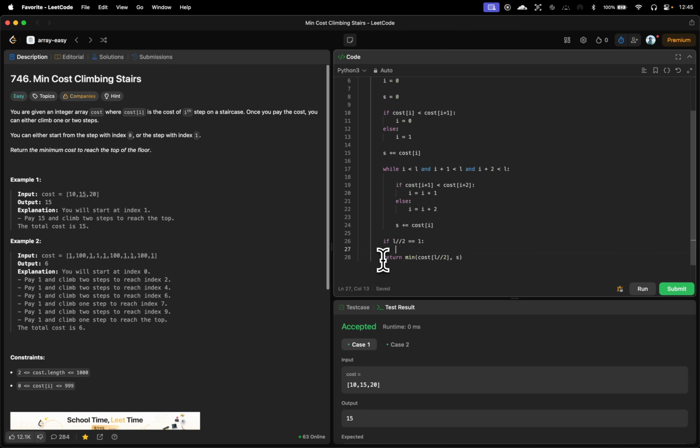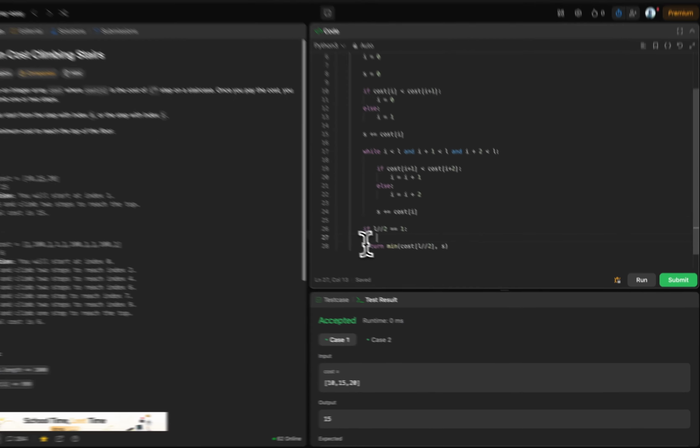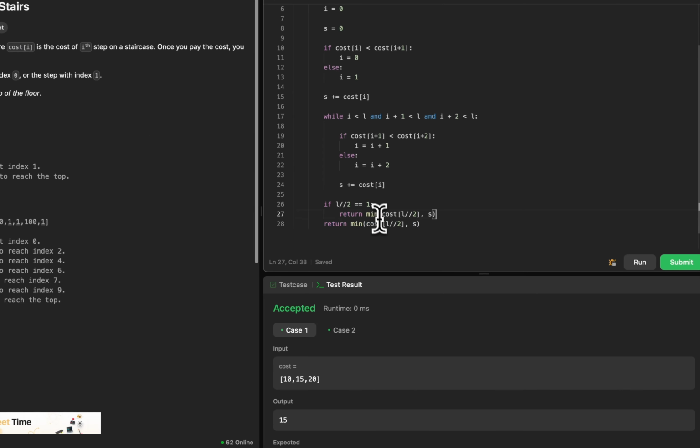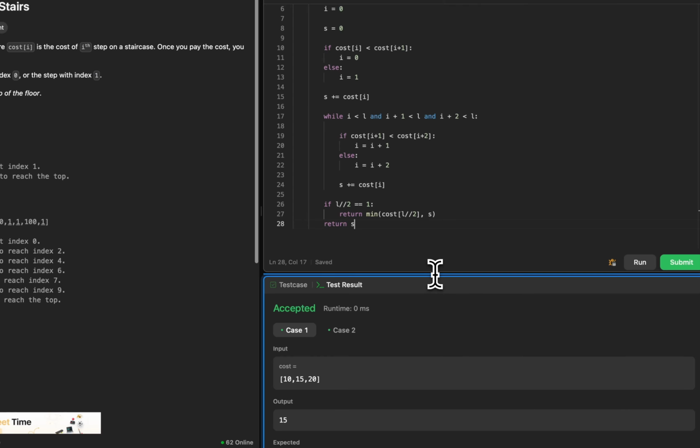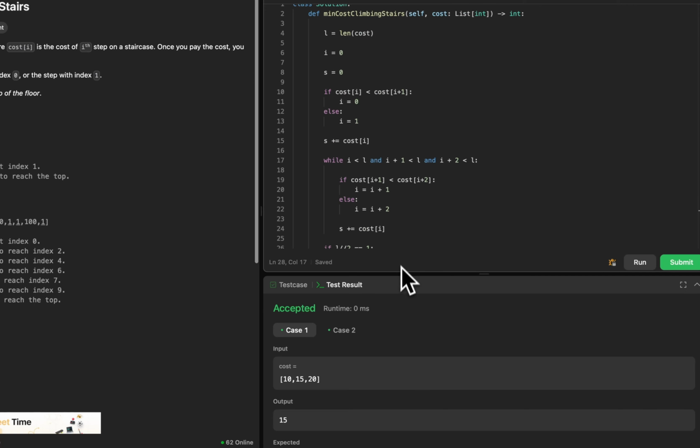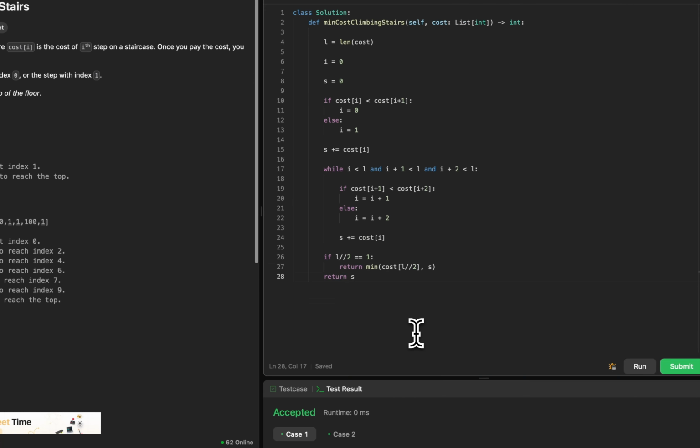Then I can check, and then I can return this, otherwise return S. This will also give me the correct answer, no? Yeah. But will it give it in all the scenarios?